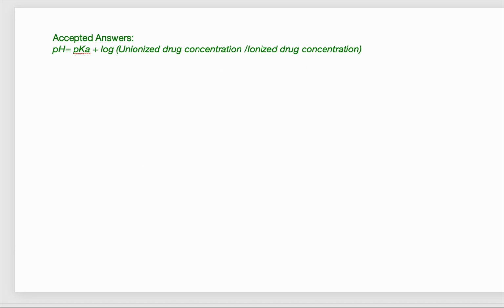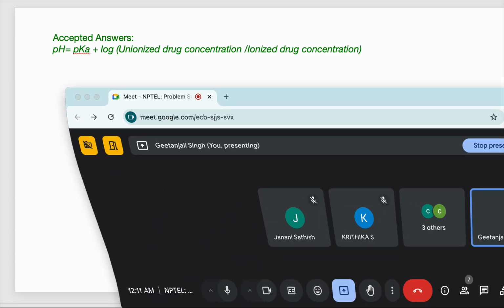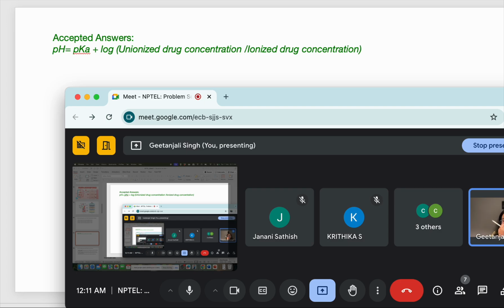Is that clear? If you have any doubt, please ask me now. I might not have been able to explain it clearly. Is it okay? Should I move ahead or should I explain it once again?